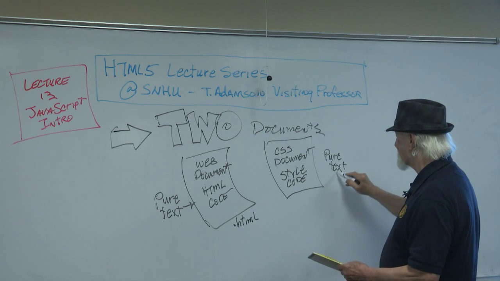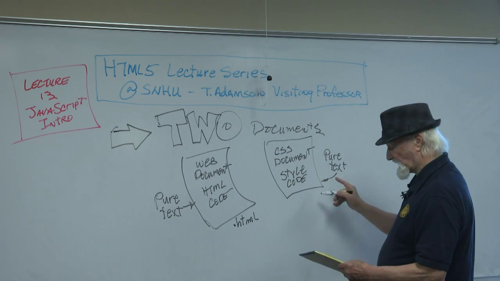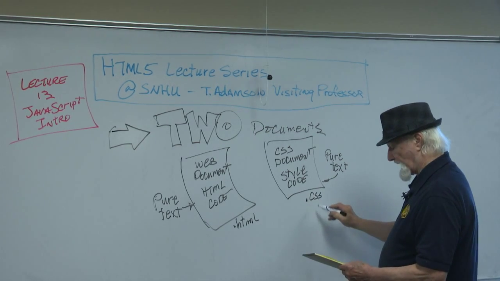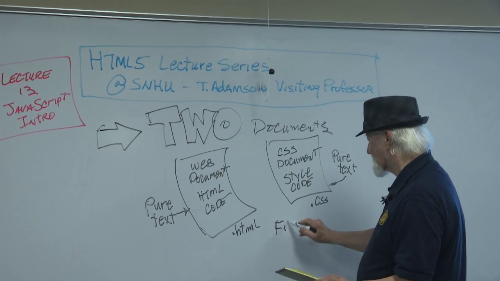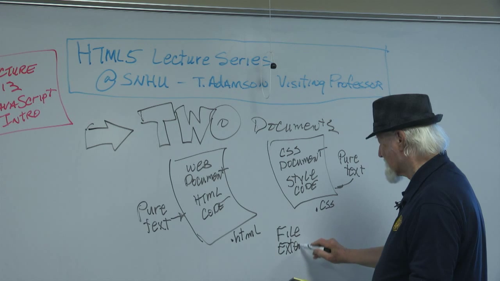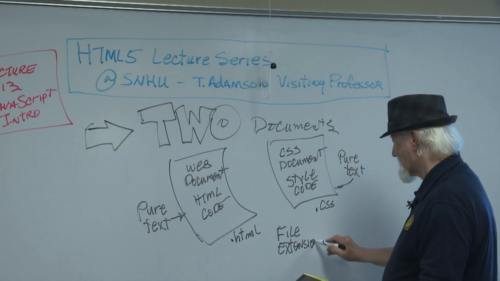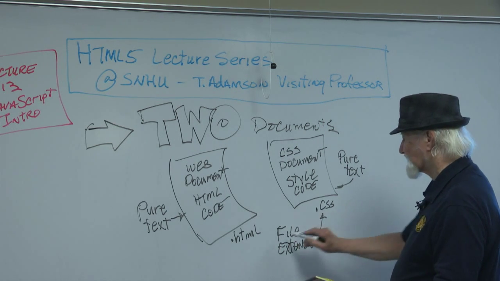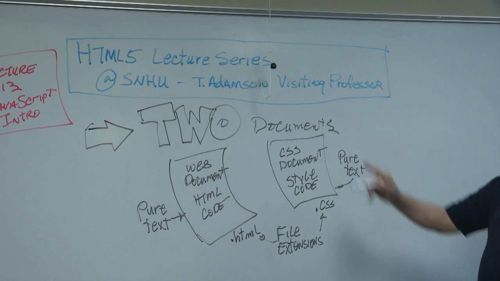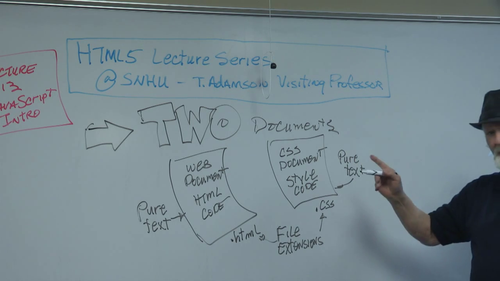In other words, both these could be done in a simple text editor. And this had the extension .css. And of course, these are the file extensions for these text documents. They have meaning when it comes to the browser. So these are the two documents that we've talked about so far.